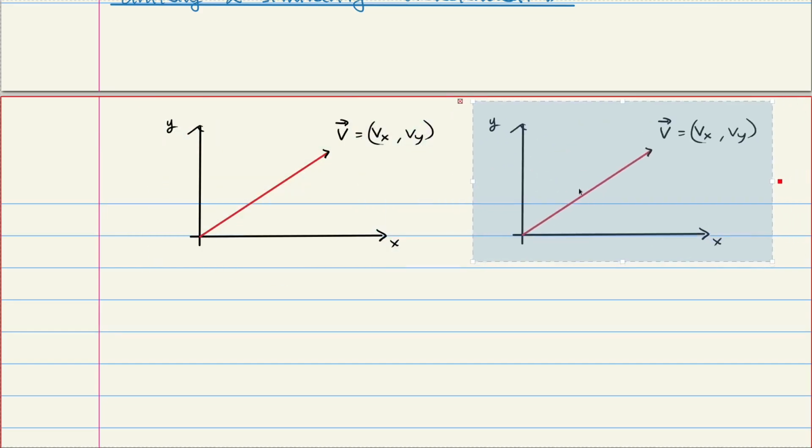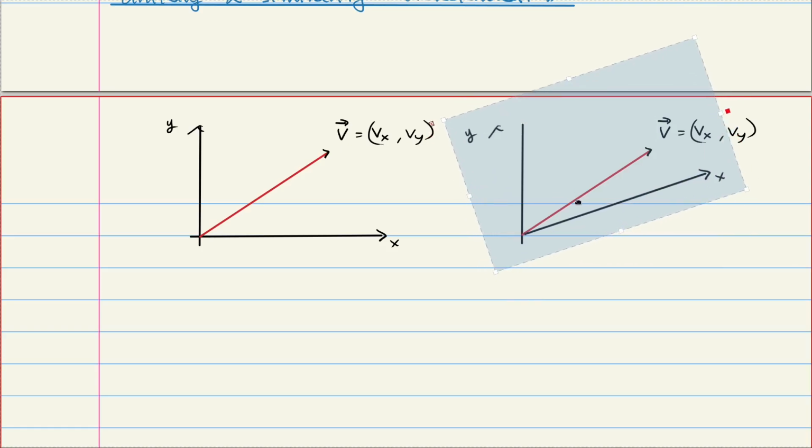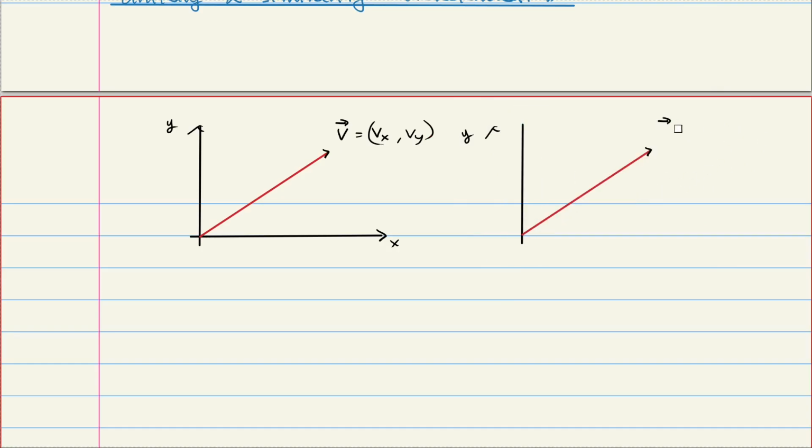For example, let me try to rotate this piece. What I'm trying to show is that the red vector is exactly the same, but I can rotate the axes.